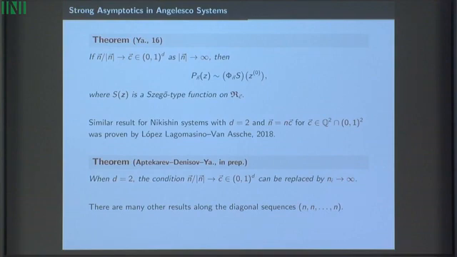And again, the Szegő type function is nothing else but a function that solves a certain boundary value problem on the Riemann surface. The boundary value problem depends on the weights you have. You solve the problem, you get the function S, and then you take its values from the top sheet, and that will give you the strong asymptotic formula for multiple orthogonal polynomials.